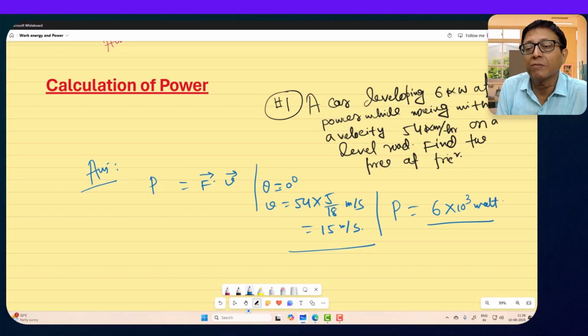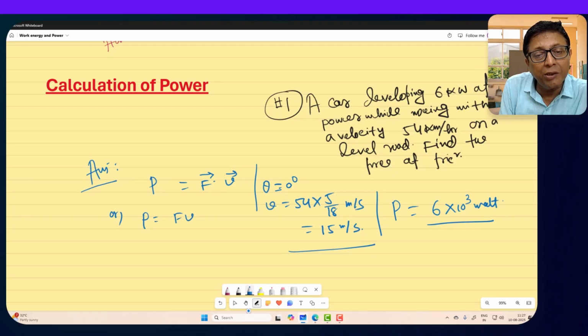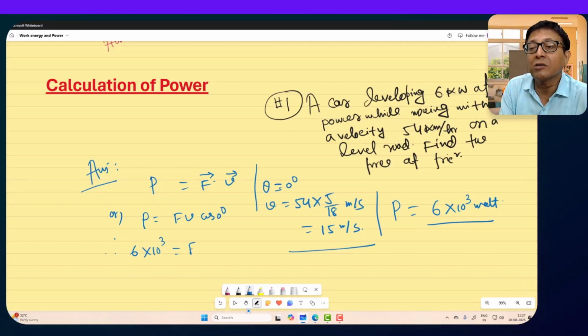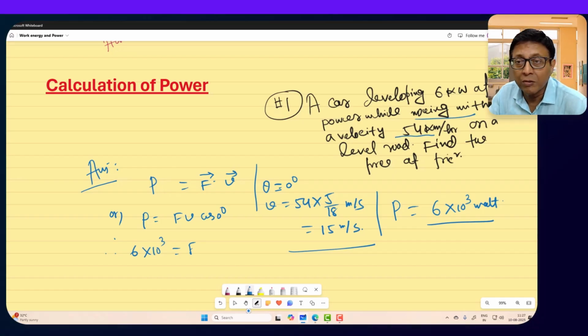This is the power developed. So here the expression we write P equal to Fv cos 0 degree. This force we have to find, the force of friction. It is a car moving with the velocity. What force is effective over there on the road? Without friction, the car cannot move.